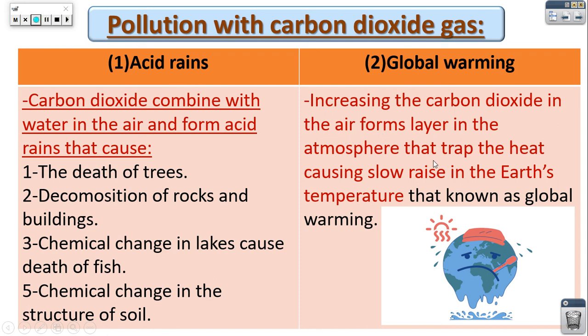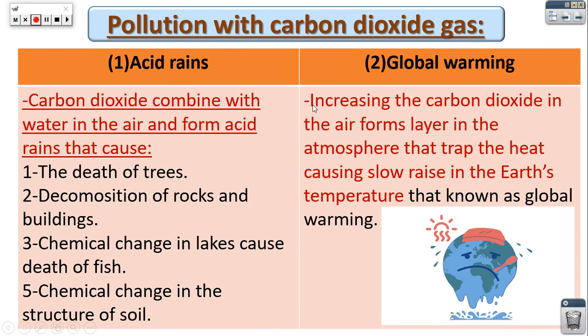This layer traps the extra heat and doesn't let it reflect to the space, so the extra heat is still inside the earth. This heat increases the temperature of the earth, and the increasing of the temperature of the earth is known as global warming.